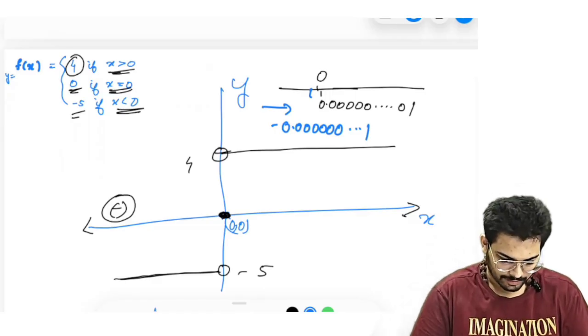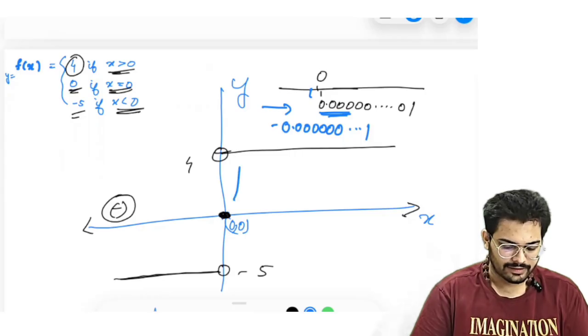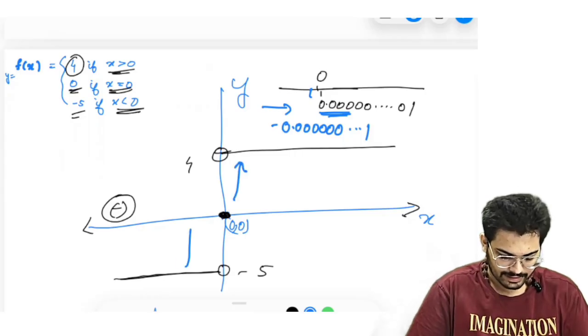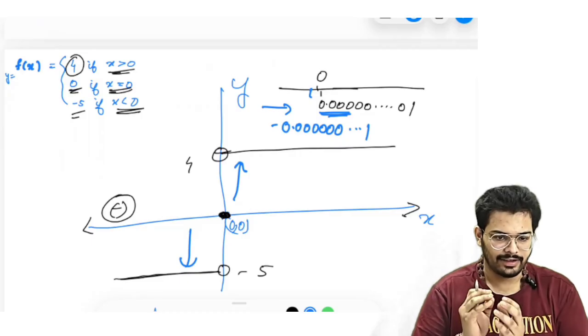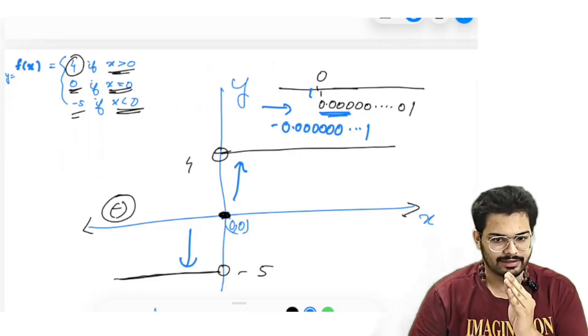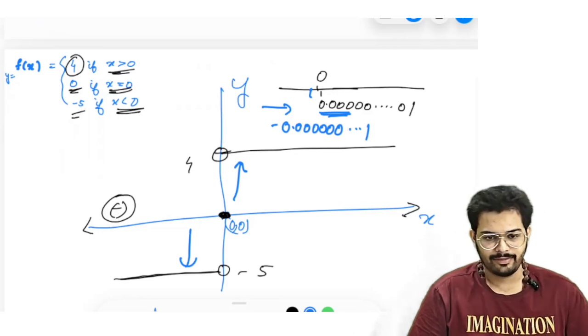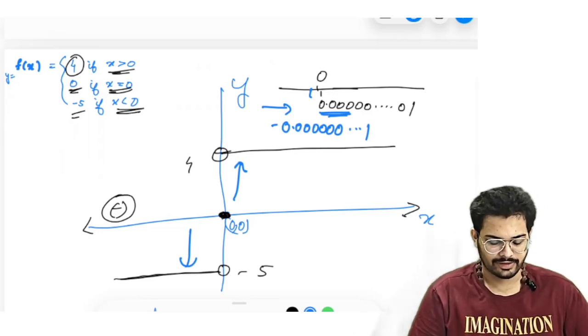If you are approaching from the positive side, the function's value changes, and from the negative side the function's value is different. So if the values are different with a small incremental value, the values increase and decrease drastically. In that case, the graph actually breaks. That's why the function forms a discontinuous function.